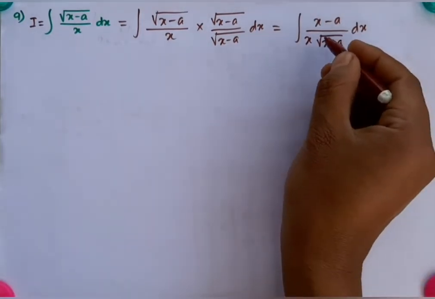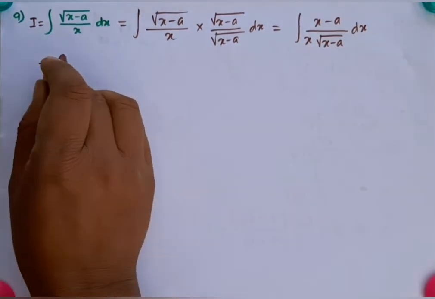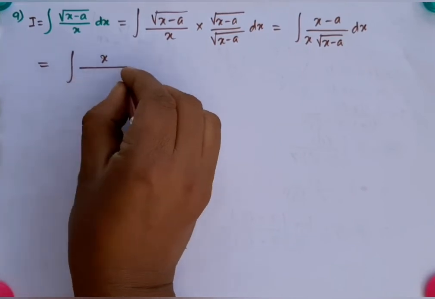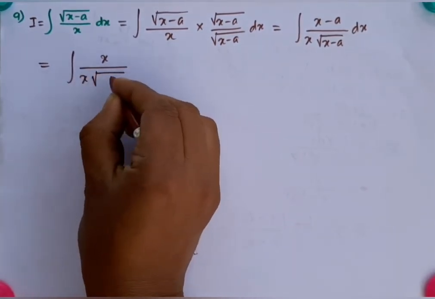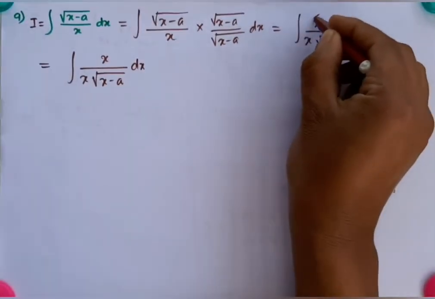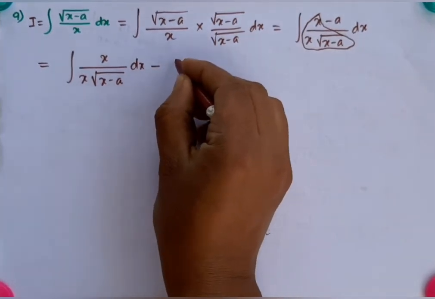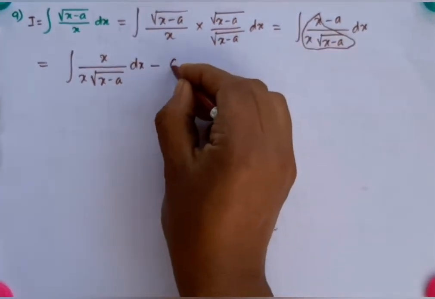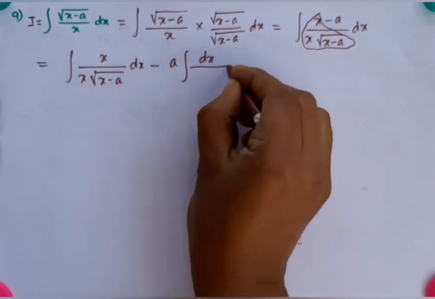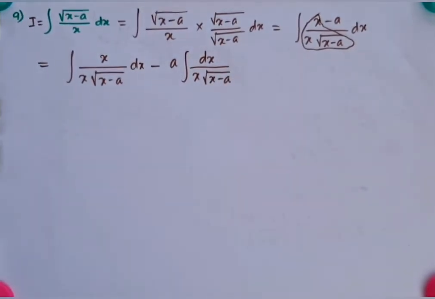Now I am going to separate this integral. I don't have space, so let me write here. So this becomes integral x by x square root of x minus a dx. First I have kept only this much. Now we have minus a, which is a constant, so it can be kept outside the integral sign, and we have dx by x square root of x minus a.